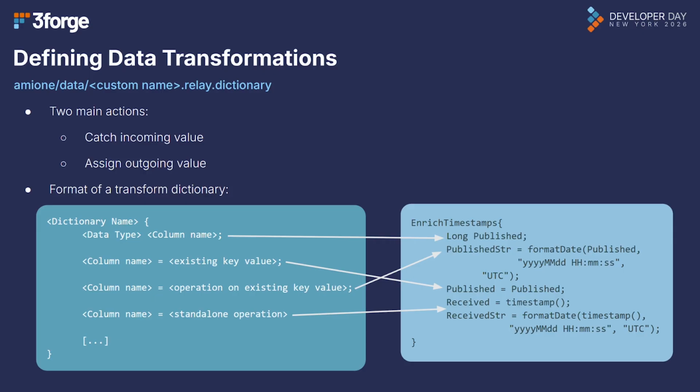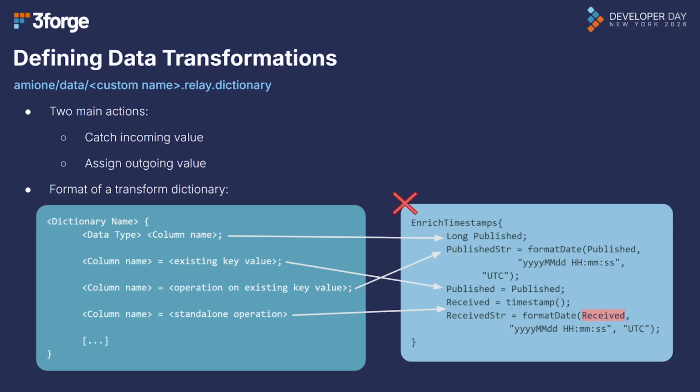Now we just keep in mind that in order to have the published column still included in the outgoing message, you have to reassign it in the third line. And then we do the same for received and received string. We're just adding a new set of columns to define when the relay itself received the message, just to say if we want to check potential latency between the publisher and AMI.